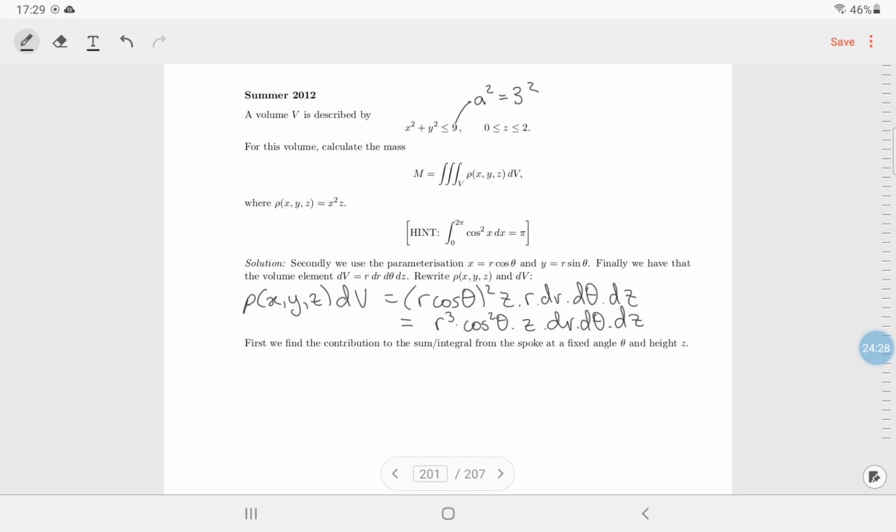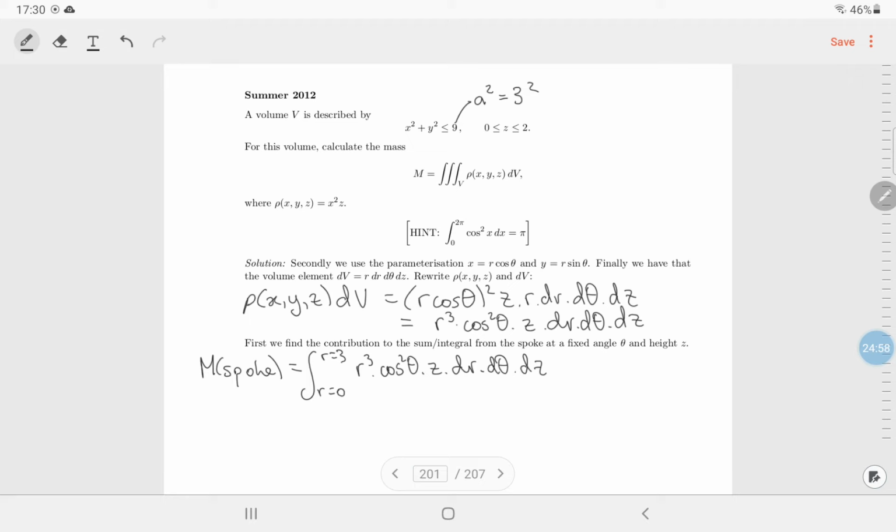So we're going to find the mass of the spoke, and this thing, because of the dr d theta dz, is infinitely small, so we're adding up from r equals 0 to r equals the radius 3, all of this messing around, r cubed cos squared theta. There is a shortcut with this where you can do all the integrals at the same time, but I won't go through that, because I'd like you to understand what's going on.